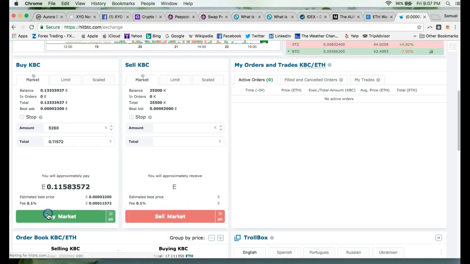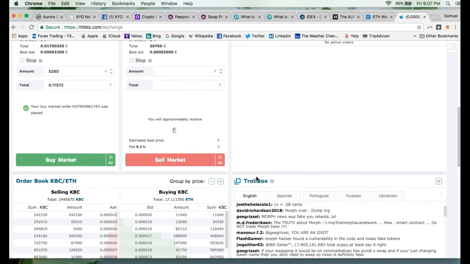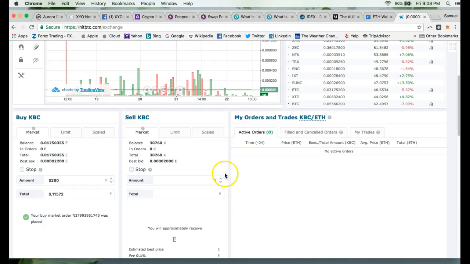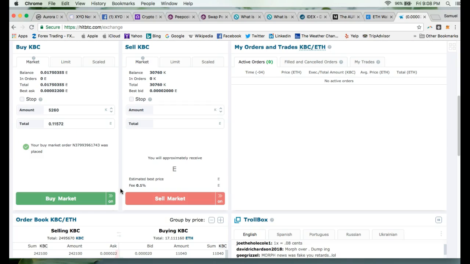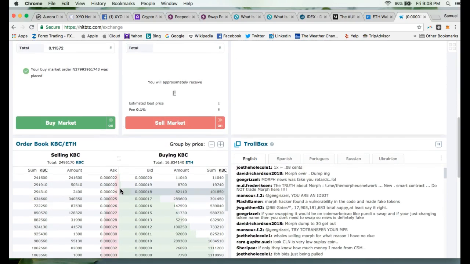Basically, you just buy here. See how I just hit buy? I already purchased. The order's already in. It's really that simple. It gives you some settings already, and you can manipulate that if you want to. I come down and look to see what the best price is.